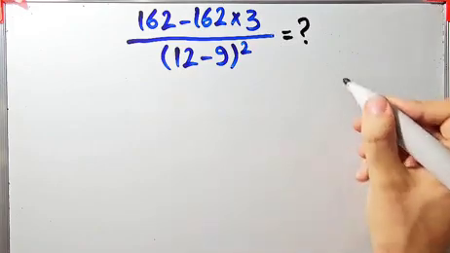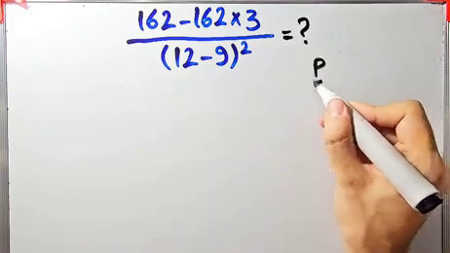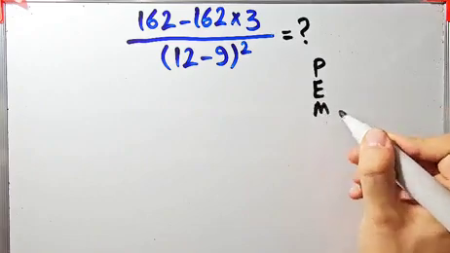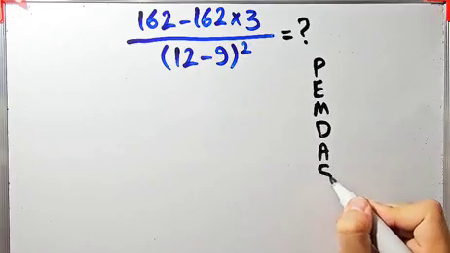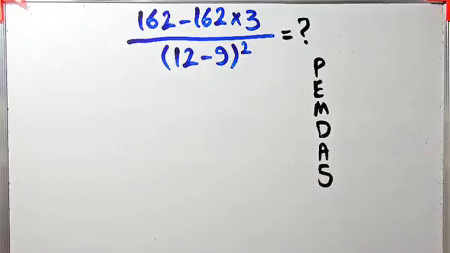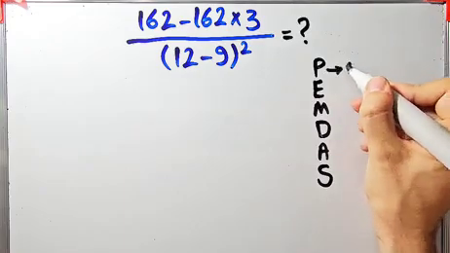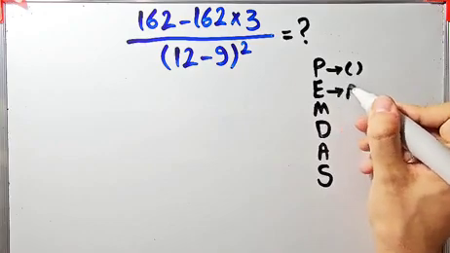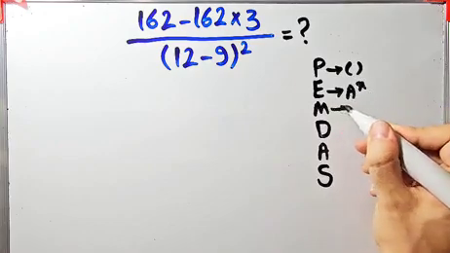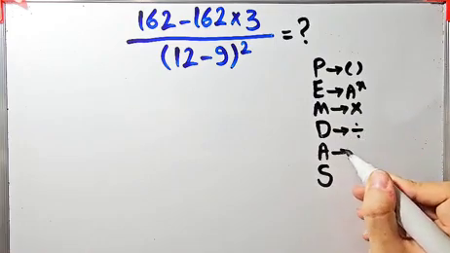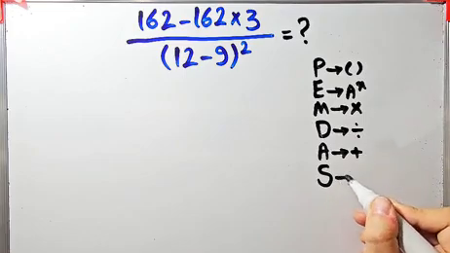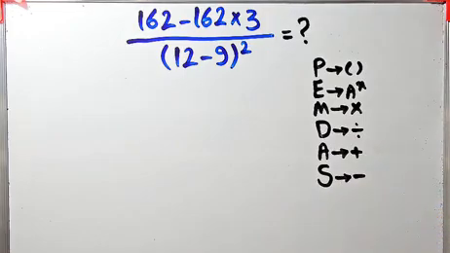To solve this question, we need to follow the order of operations, which is PEMDAS. PEMDAS shows the priority of the mathematical operations, and if you don't pay attention to the PEMDAS rule, you get the wrong answer. In the PEMDAS rule, P stands for parentheses, E stands for exponent, M stands for multiplication, D stands for division, A stands for addition, and S stands for subtraction.